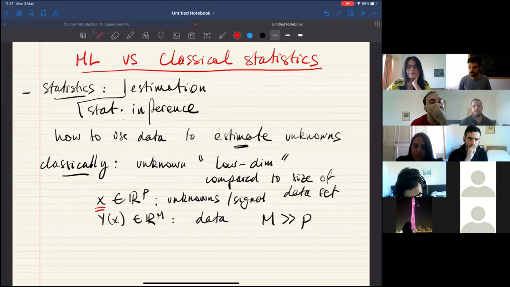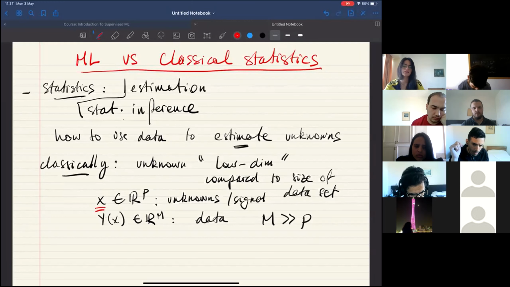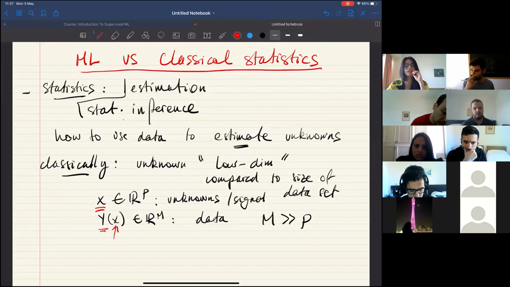Yes, Y of X is the feature map of X, right? No. Y of X is just data that depends on the unknowns. X is in R^P.